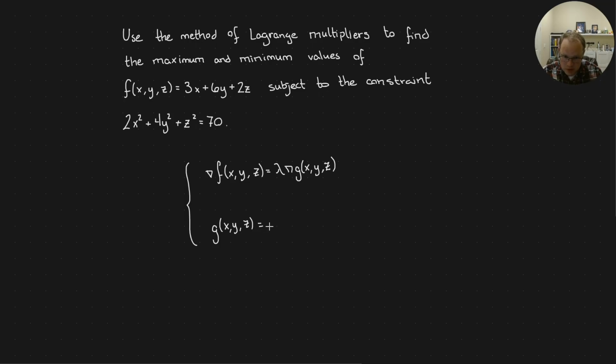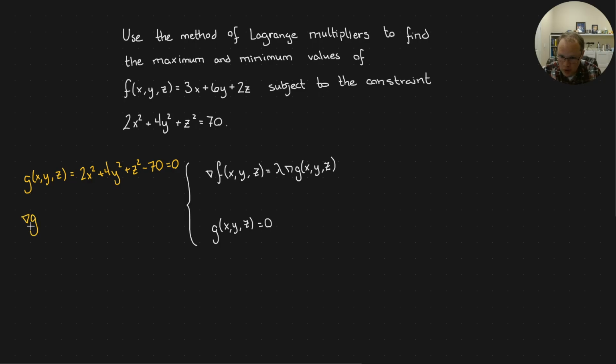We still have our constraint equal to 0. So here, our constraint would be this, but we need it equal to 0, so just move the 70 over: 2x squared plus 4y squared plus z squared minus 70, and we want that equal to 0.